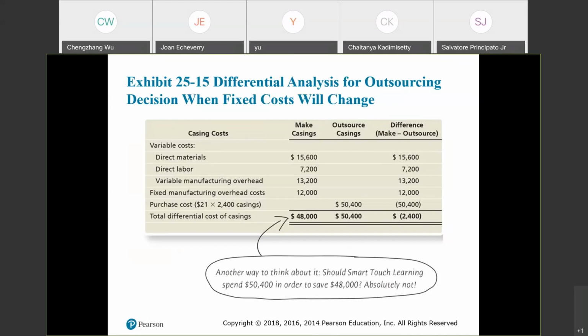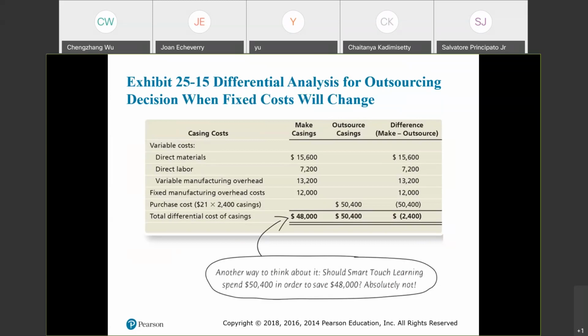In this case, if the company outsources the 2,400 cases to another company, it can save $12,000 in avoidable fixed cost.